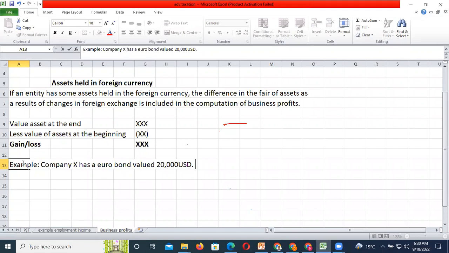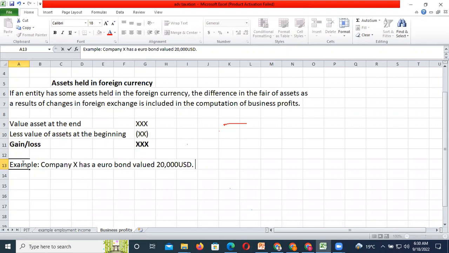So what is the impact when the company holds an asset in foreign currencies and translates those currencies into the local currency in which the financial statement is presented? Why do we consider the asset held in foreign currencies while the financial statement is presented in local currency, where the taxation on business profits is based on the profits determined in local currency? That is my concern on the taxation of business profits where assets are held in foreign currencies.